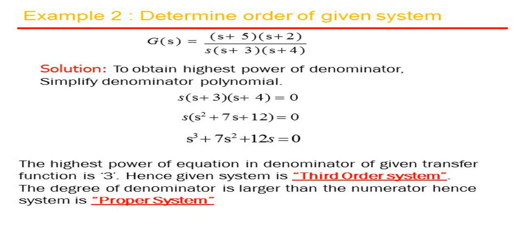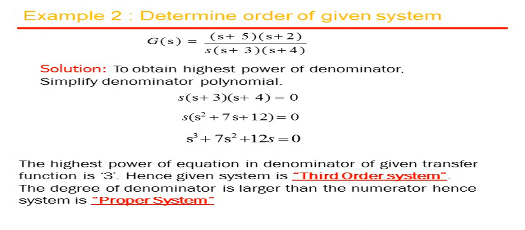To get the highest power, we will expand this. Expanding the denominator, we get S cube plus 7S square plus 12S. The highest power of the denominator is now 3. You can see S cube means the power is 3.